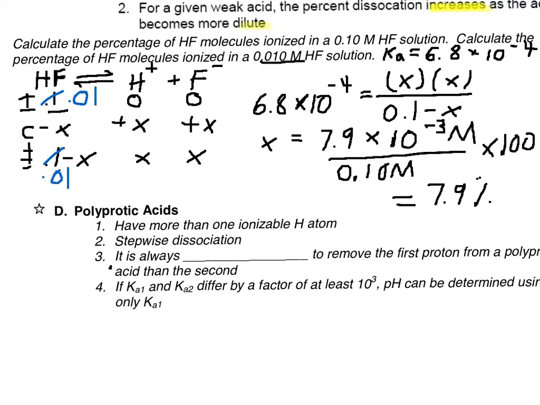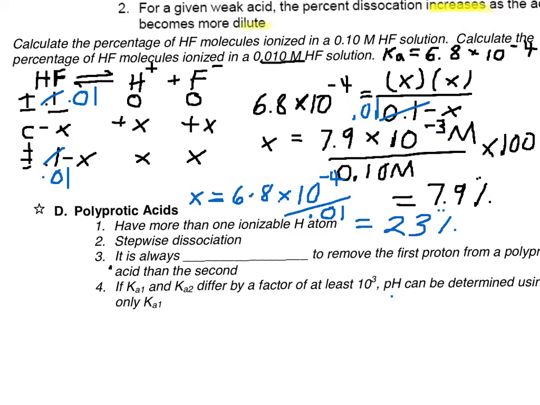So if I go through and do all of this, then what I will get for x, instead of 7.9 times 10 to the negative third, I'll get 6.8 times 10 to the negative fourth. Okay, divide that by your original amount, 0.01, and you're going to get 23%. Now notice that whenever we had a lower concentration, we had more percent dissociation, and that is always going to happen.